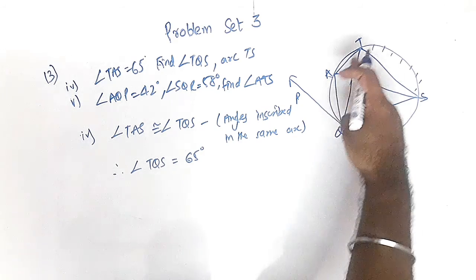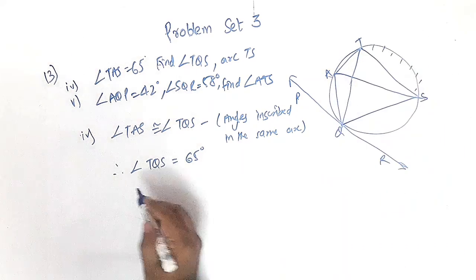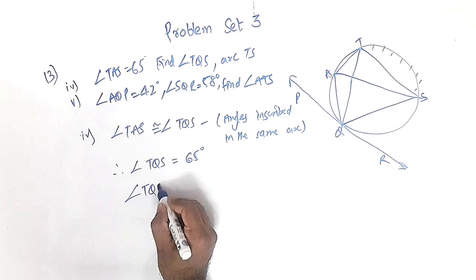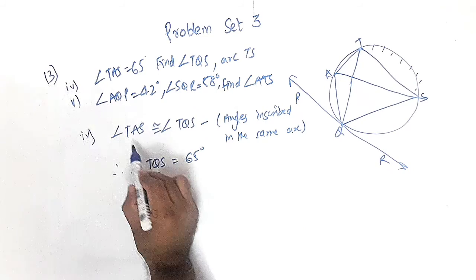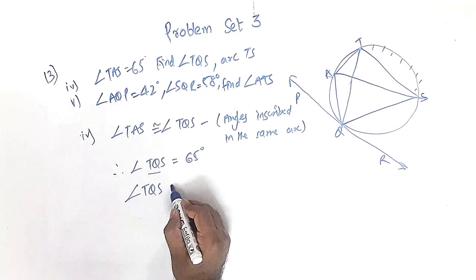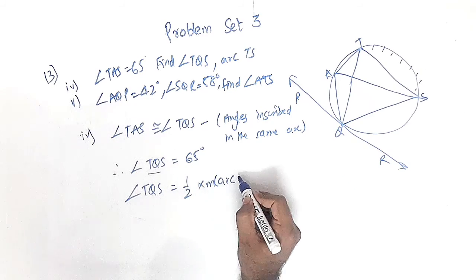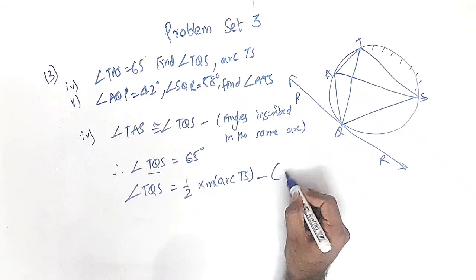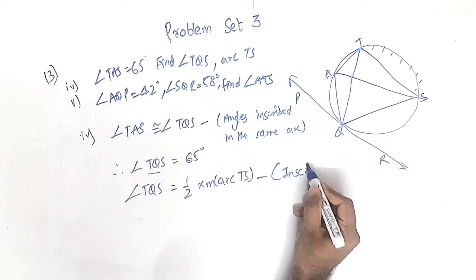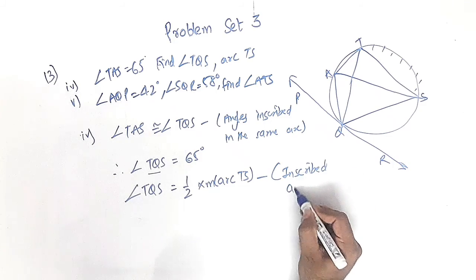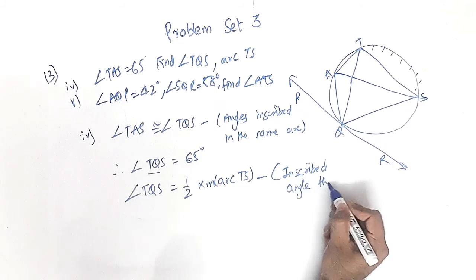Okay, now measure arc TS, I can write angle TQS. Any angle I can take, TQS or TAS, both are 65 degrees. TQS is half of measure arc TS. Yes or no? This is by the inscribed angle theorem.